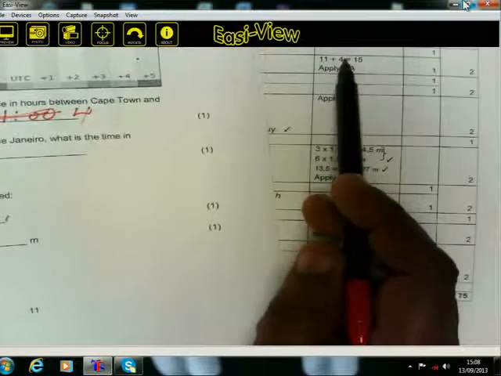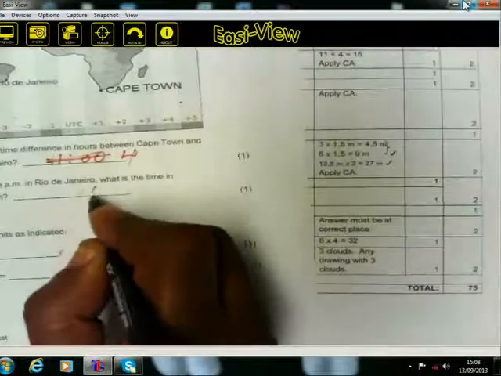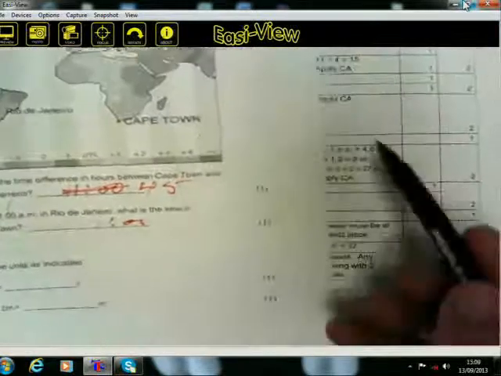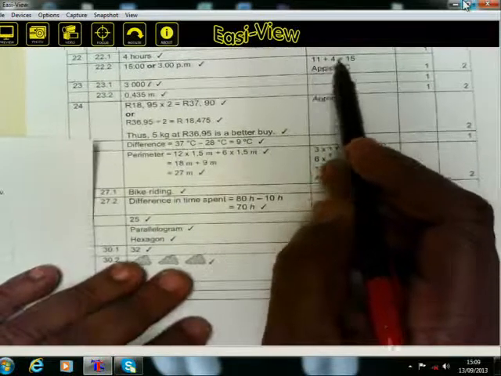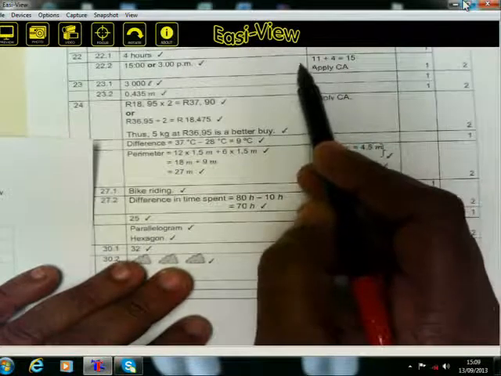Then it's 4 plus 11 is 15. If Elena here is given 11, and then if Elena gives maybe 5, the CA here is applied. You'll mark him according to that mistake that he has committed.